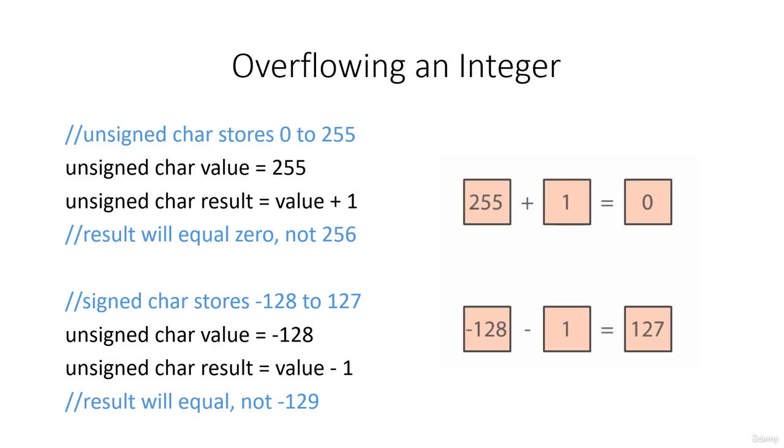The result will be 127, not negative 129, because the assigned value is too small for the result variable to store, so it causes an integer overflow. As you can see, the variable's odometer flips all the way back to all 9s.